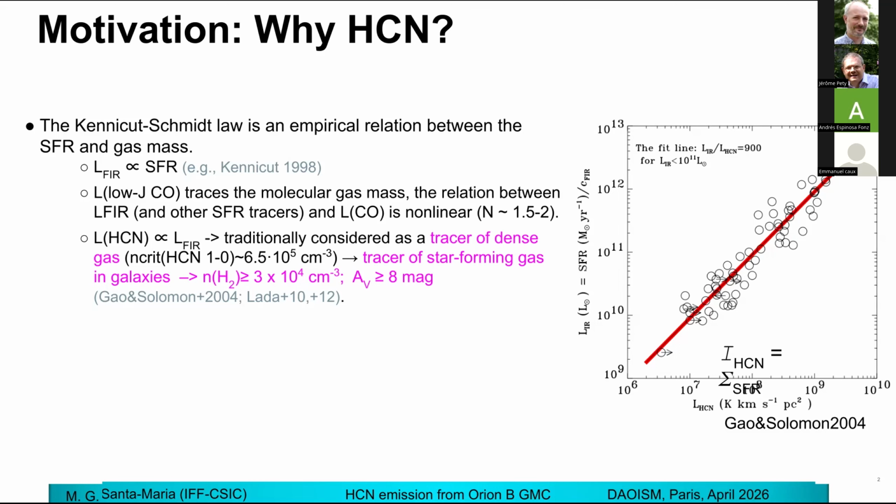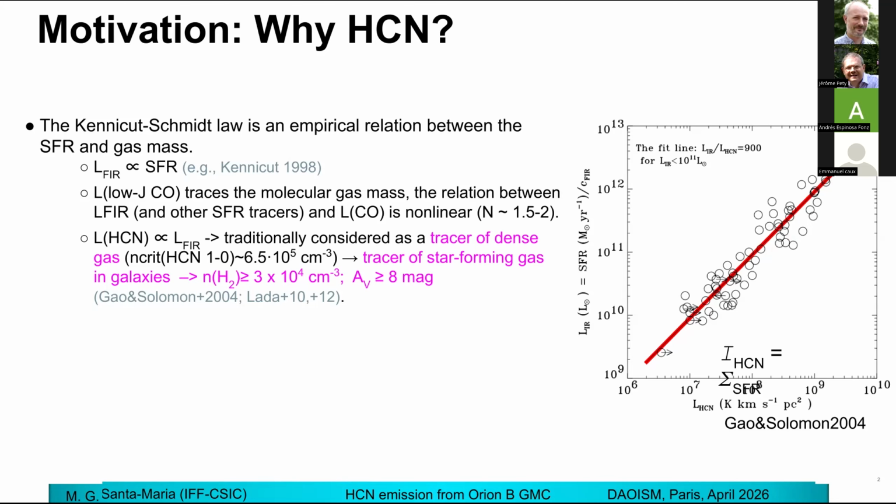So if it's linearly correlated with the star formation rate traced by other tracers, like the far infrared luminosity, as Kennicutt found in 1998. Before HCN, we used to use CO, but the relation was not linear, and we don't like things that are not linear.